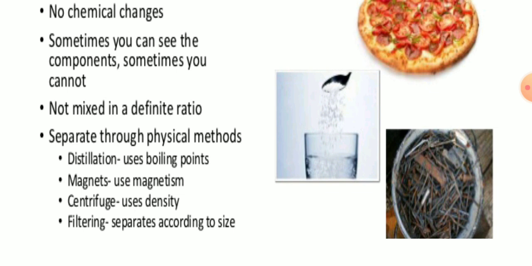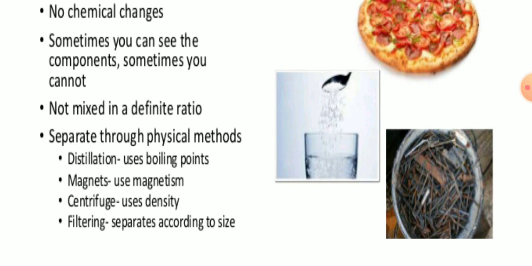Now centrifuge. It is also a process of separation of mixtures, and the basis of this process is density. And filtering is a simple process of separating a component of a mixture. By this process you can separate a mixture of salt water if there are impurities like sand or clay.